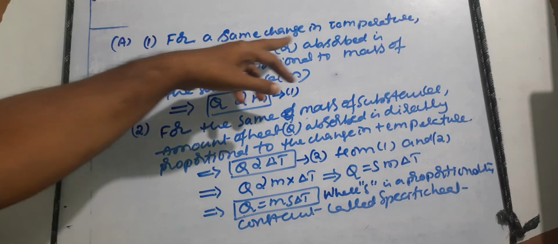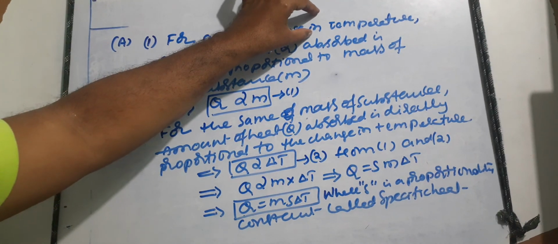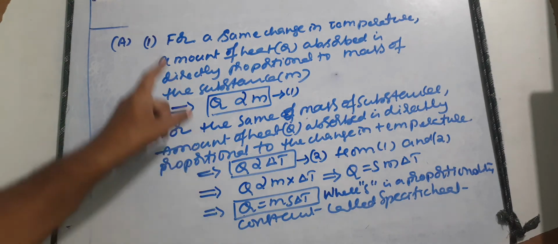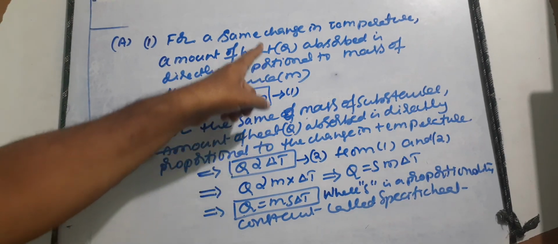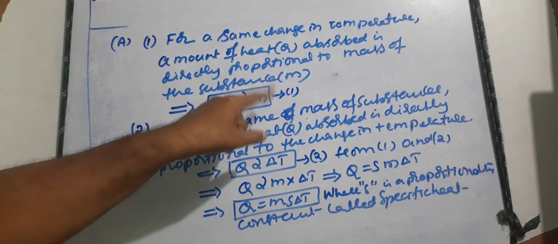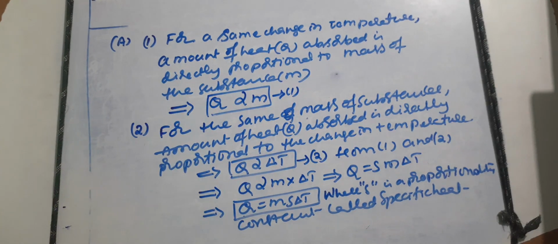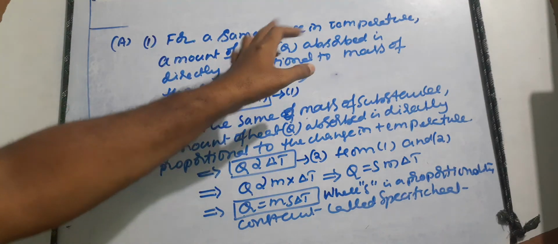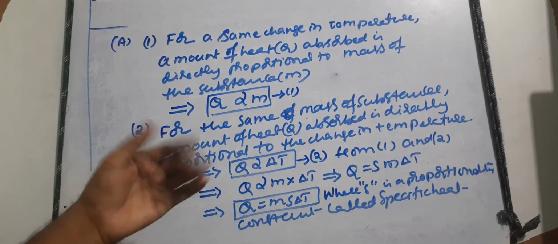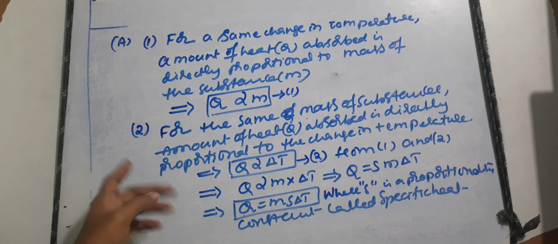For the same change in temperature, with the mass of the substance varying, as mass increases, heat required also increases, and as mass decreases, heat required also decreases. For the same mass of the substance, the amount of heat absorbed increases with an increase of change in temperature and decreases with a decrease of change in temperature.